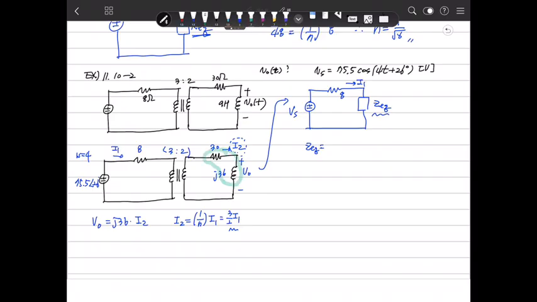That impedance is 30 plus j36, transferred by the square of n. It looks like that. So the result is 37.5 plus j81.